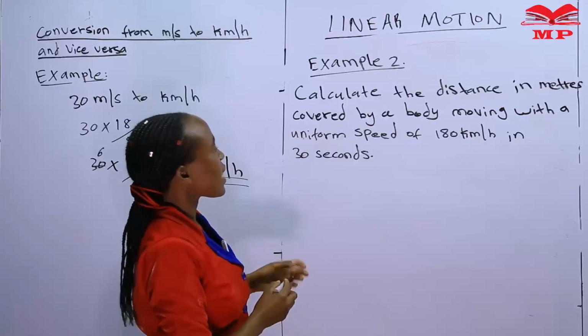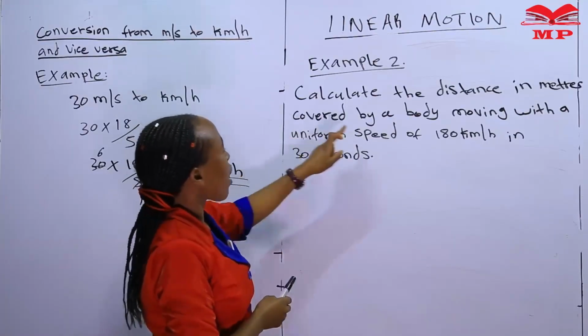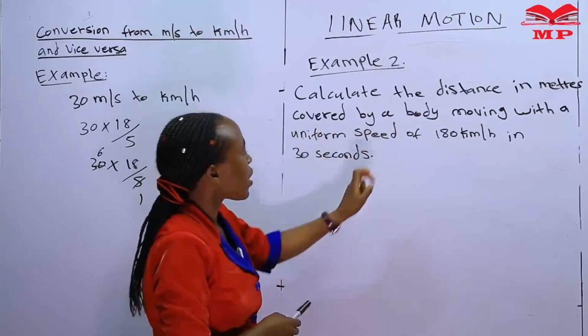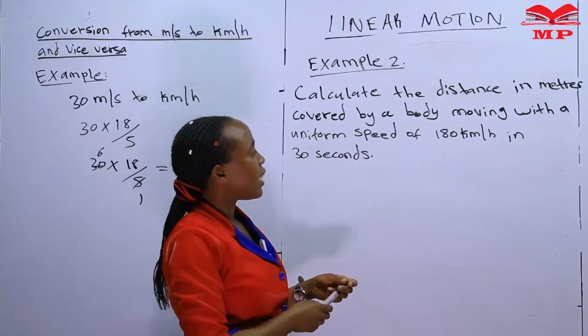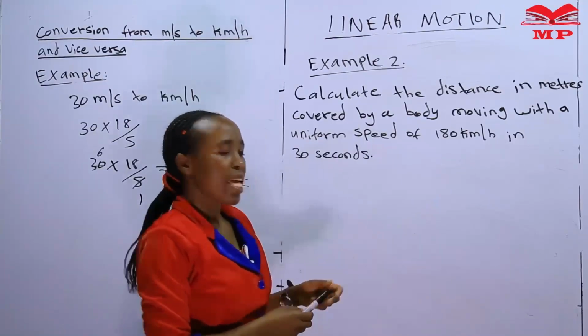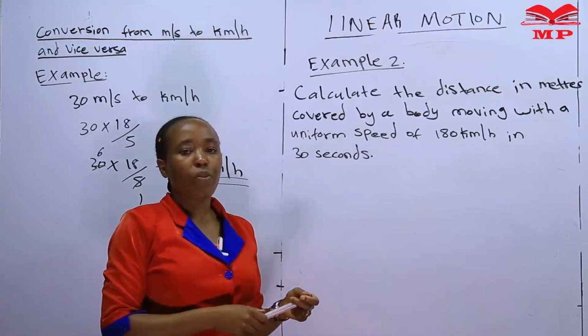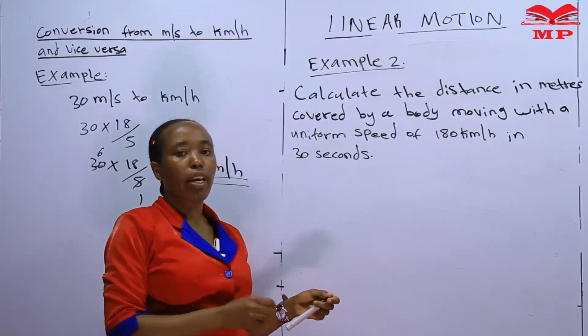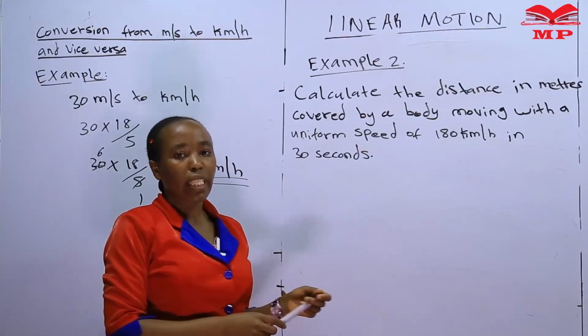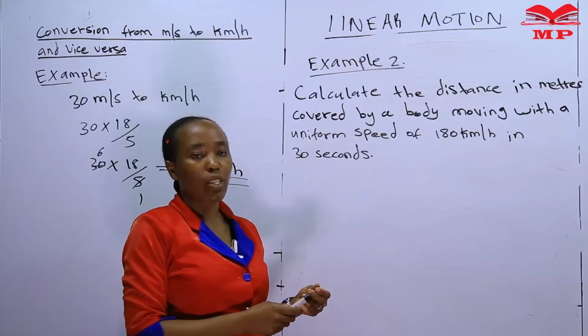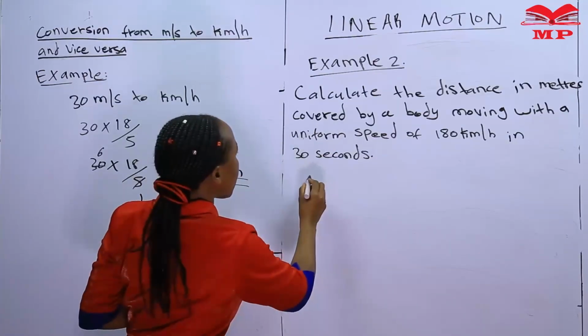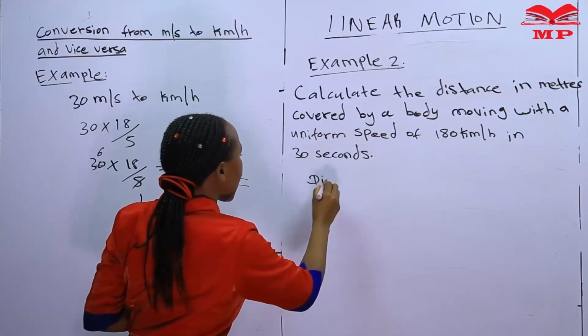Calculate the distance in meters covered by a body moving with a uniform speed of 180 kilometers per hour in 30 seconds. So we first need to analyze the values given, the quantities given, and the one that is in question. So we have the distance. We are told to calculate the distance.